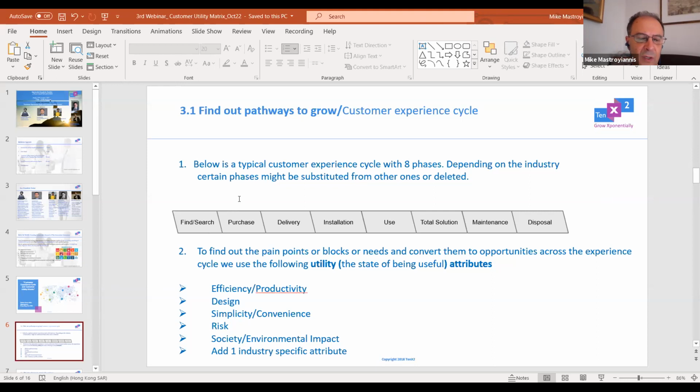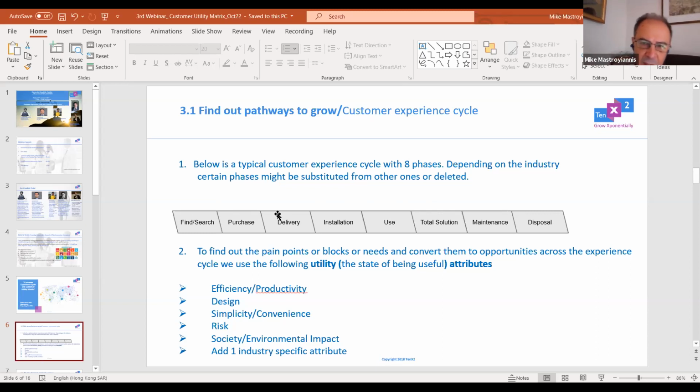Any customer starts by trying to search to find something, then they purchase something, then there's a delivery stage, there is an installation, there is a use stage, there is a total solution, there's a maintenance stage, there is a disposal stage.